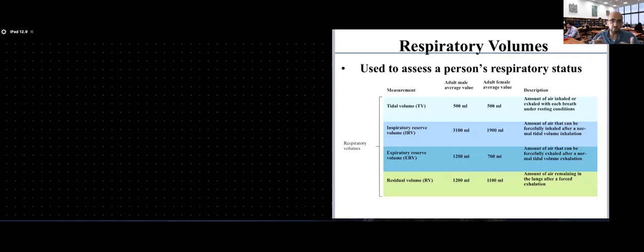Do you notice that there is air moving in and out while you're sitting doing nothing? No, you don't notice this. This is what we call the tidal volume. This is the volume of air that's going to be moving in and out of your chest, of your lungs, without you noticing that you have air moving in and out. This is what we call the tidal volume.